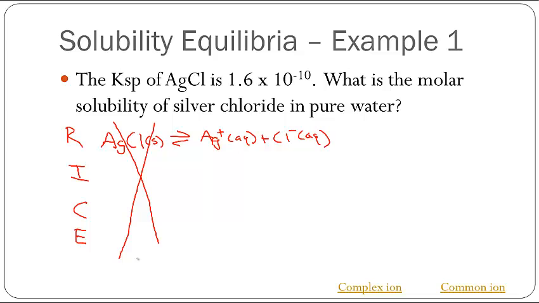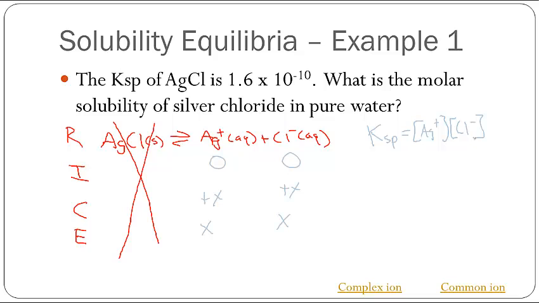So if initially I have 0 here, what is my change going to be? Plus x, plus x. So at equilibrium, I have x and x. So my KSP is Ag plus times Cl minus.